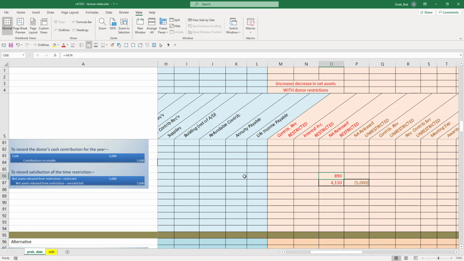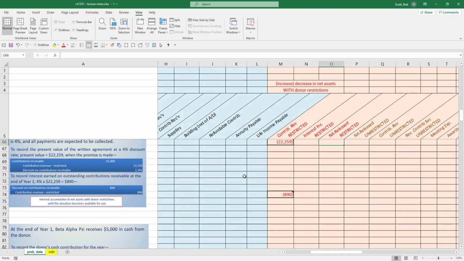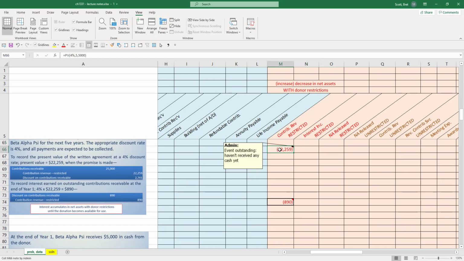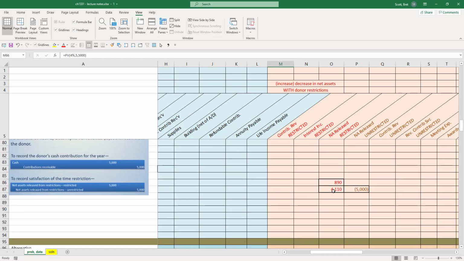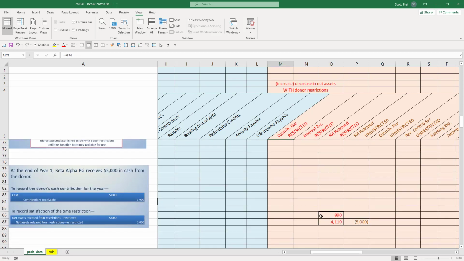That's the time value of money concept from a not-for-profit receiver of donations. We are releasing, in this case, from this $22,259, for the first payment $4,110 and another $890 in interest or time value of money charge. The total amount we receive is $5,000.